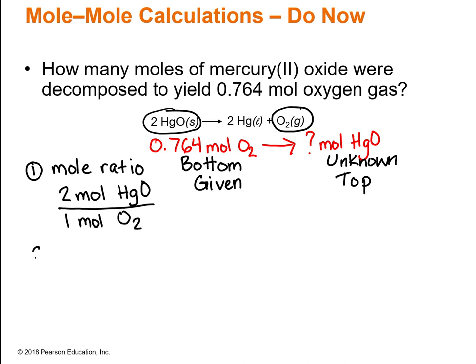Now we have to set up the equation. I abbreviate equation EQN. We're going to take 0.764 moles of oxygen gas.